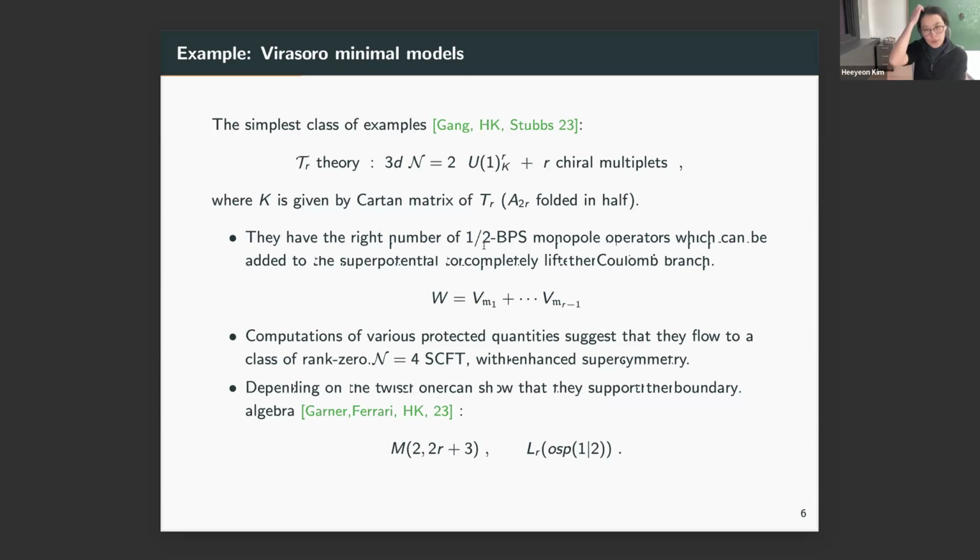And then you can compute various protected quantities, and the results suggest that the theory indeed flows to a class of rank 0 N=4 SCFTs with enhanced supersymmetry, as expected.